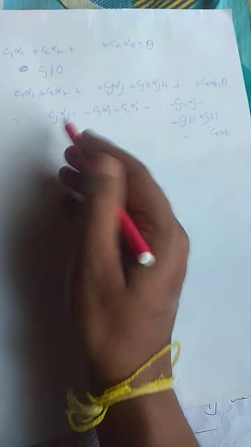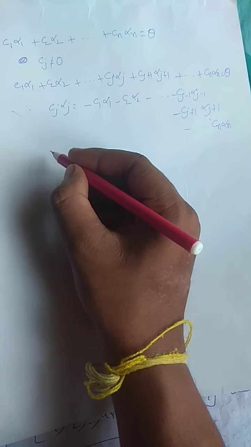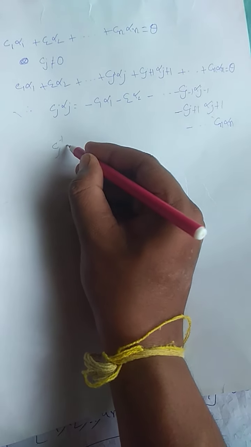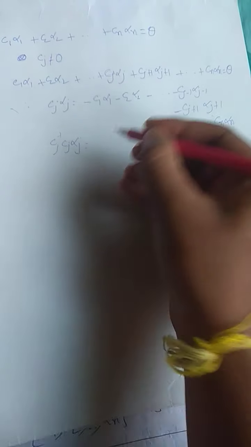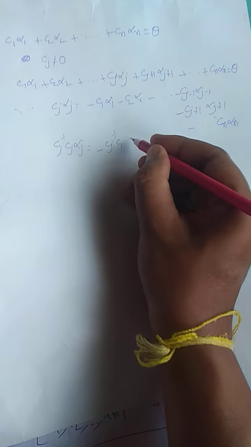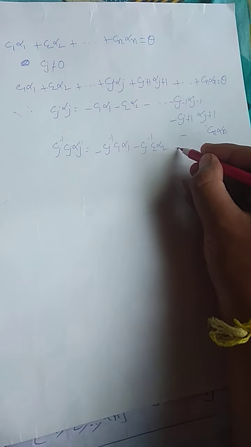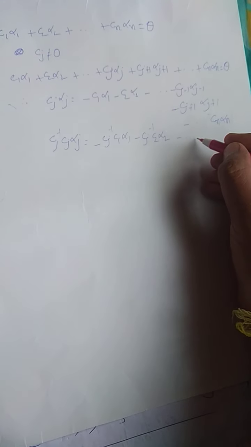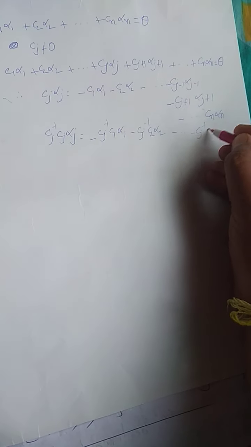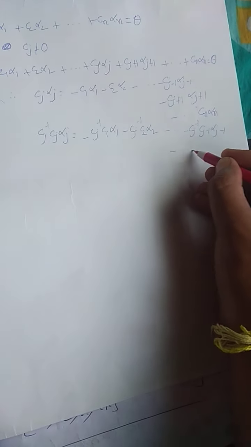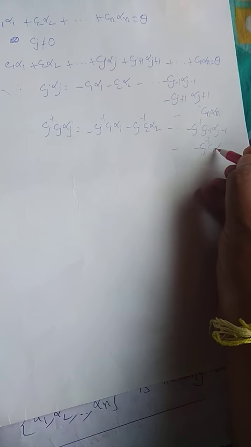Since cj is not equal to 0, its inverse must exist. That means we can apply cj inverse on both sides. So it will be minus cj inverse c1 alpha 1 minus cj inverse c2 alpha 2 continuation minus cj inverse cj minus 1 alpha j minus 1 minus dot dot dot minus cj inverse cn alpha n.